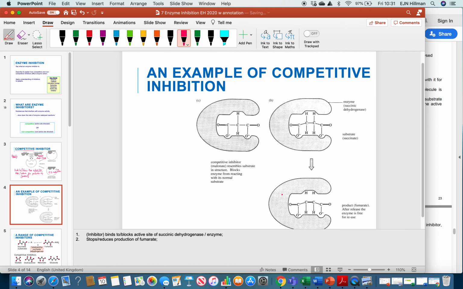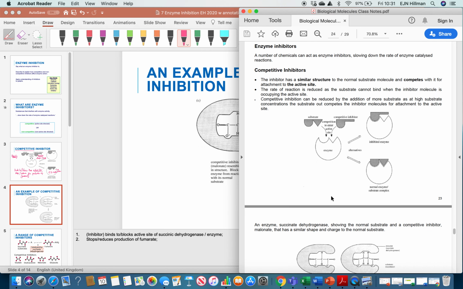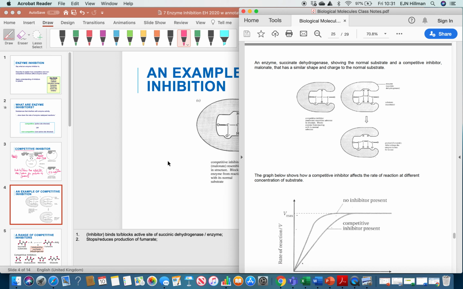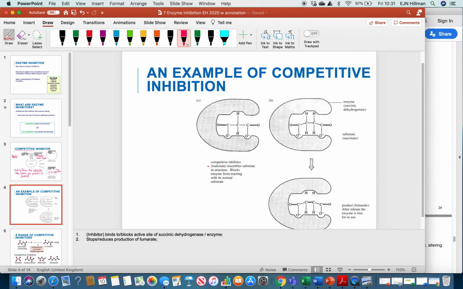So the first one, and this is in the notes, starting on page 23, but page 24 in the notes, shows the inhibition of this enzyme, succinic dehydrogenase.